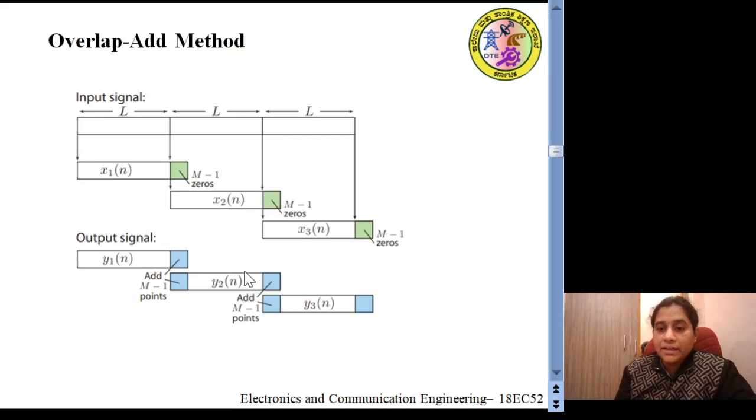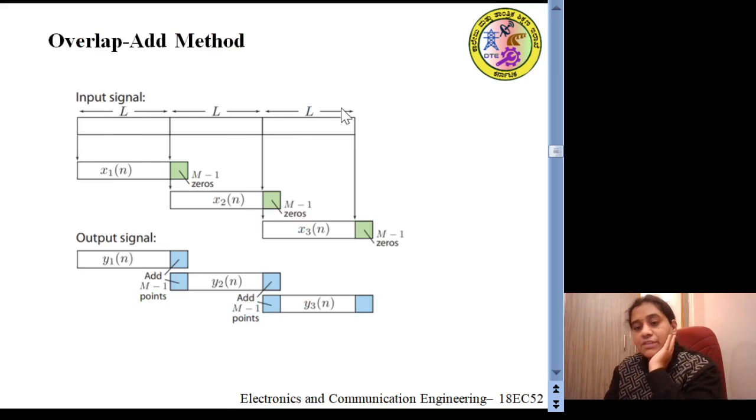Before that, let us see how we are doing this in the overlap add method. For the incoming signal, we take the first L samples of x of n. To that we append M minus 1 zeros to make the length of this block capital N, equal to L plus M minus 1.